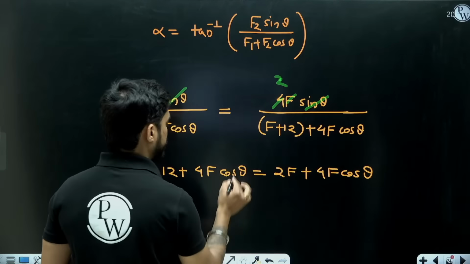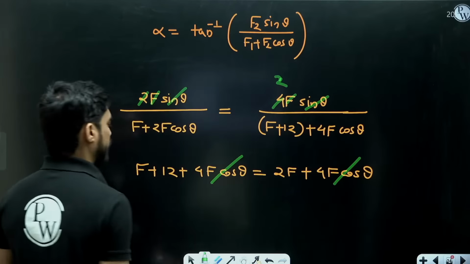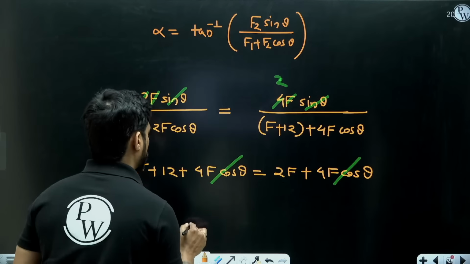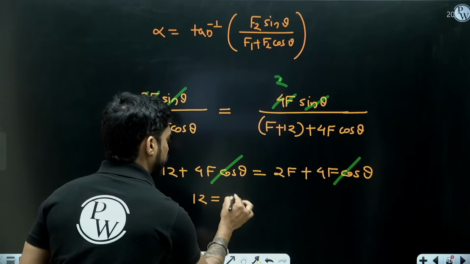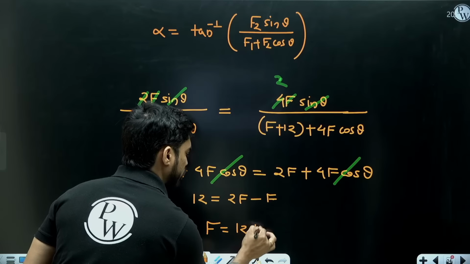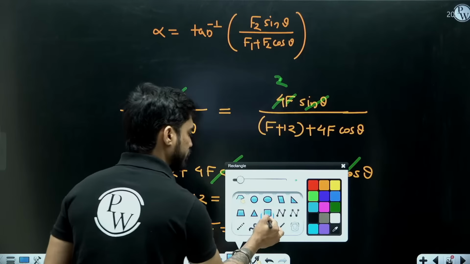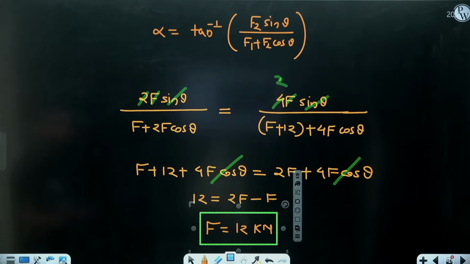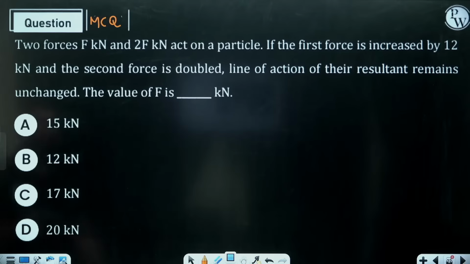Now again this 4F cos theta will be cancelled. F plus 12 equals 2F. So it will become 12 equals 2F minus F. So your F will become 12 kilonewton. So the answer is which one? B.